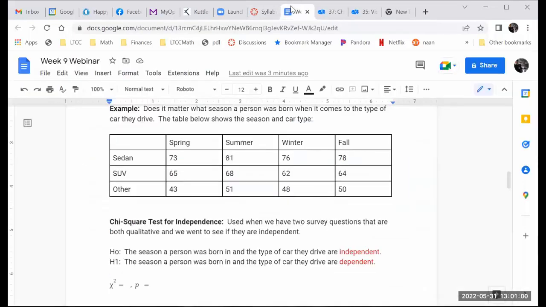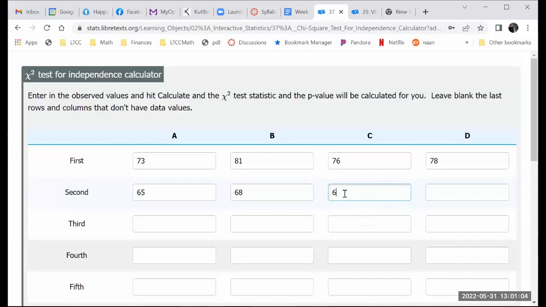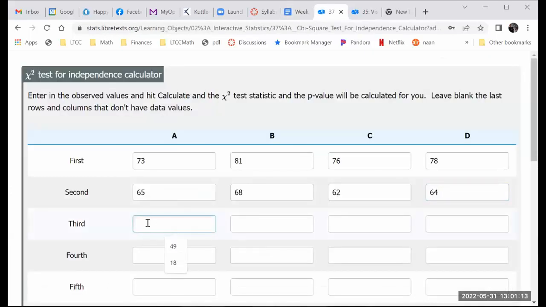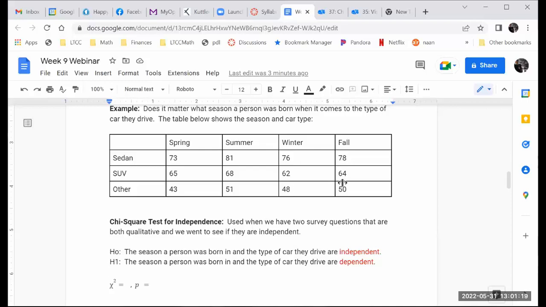It's easy to make a mistake in typing here. 62, 64, 43, 51, 48, 50.